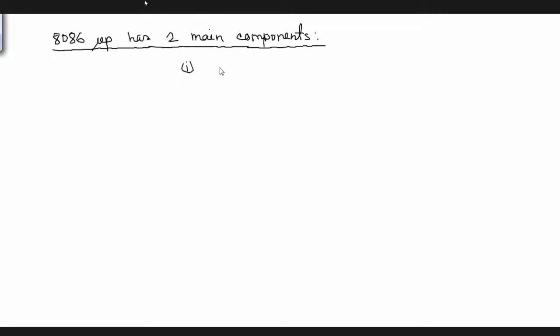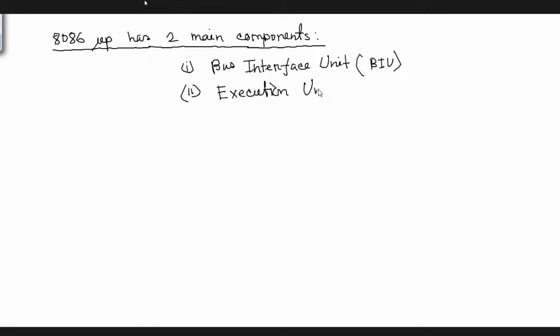Yes, bus interface unit and execution unit, sir. In short, we call it BIU, and number two is EU, the execution unit. That is called EU.